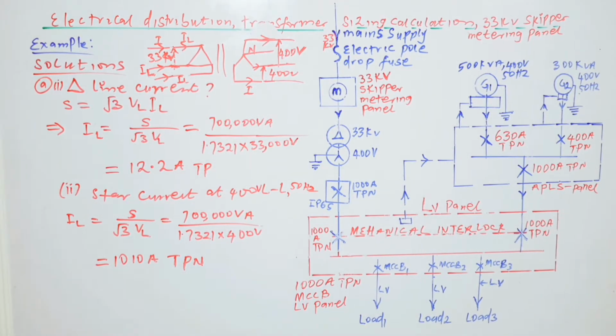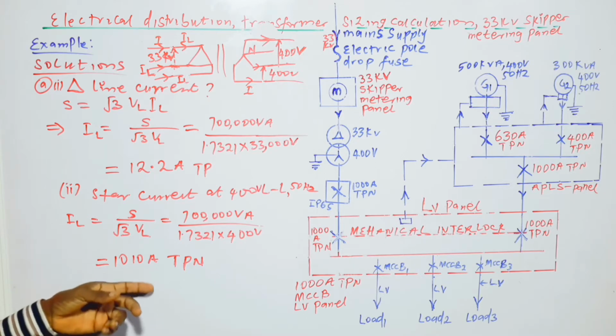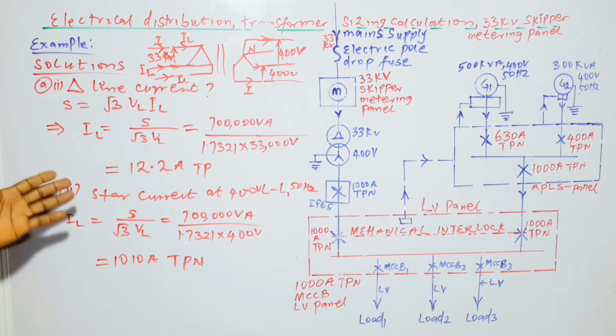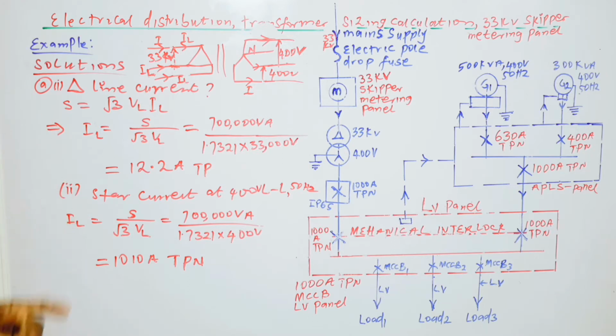But when we have a load that is not balanced, then one can calculate the neutral current, and that will be a topic for the future. So we are going to do that one in future. This is the solution to the second part of question A.